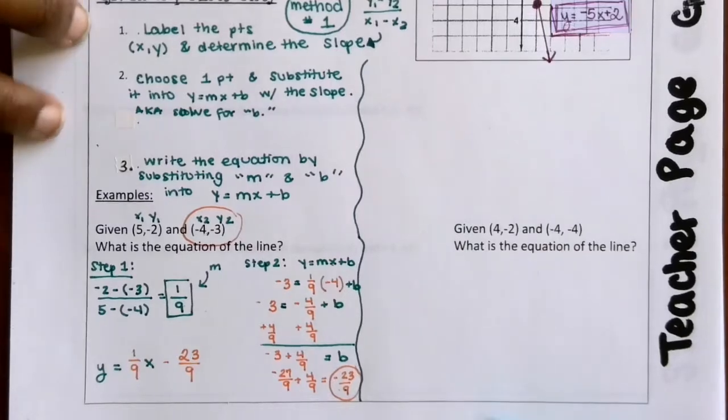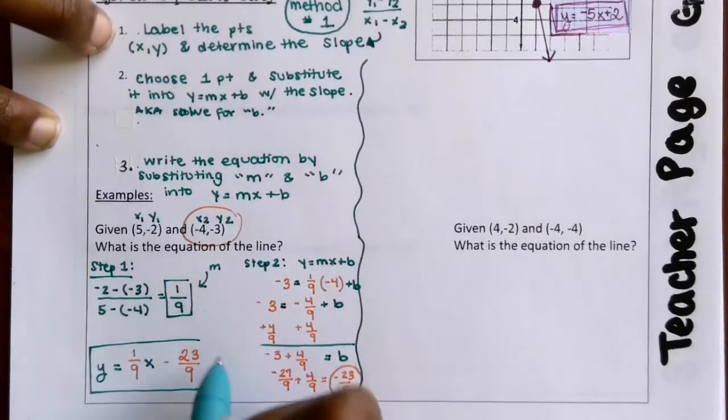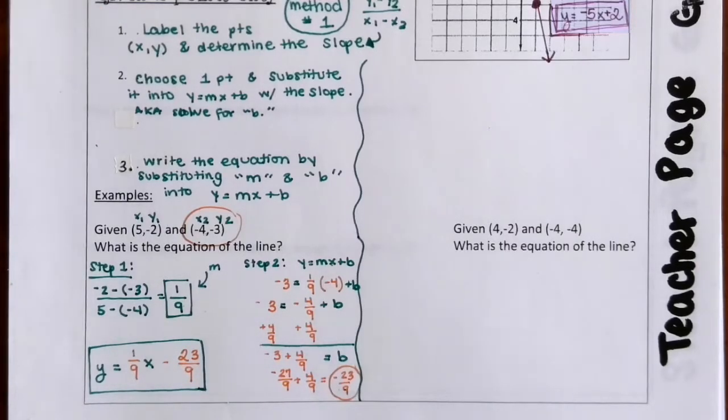And this is the final equation to our line. Notice that it is okay to have fractions in my equation. In this case, it doesn't really bother us too much because we're not graphing, but it is acceptable to have two fractions in the equation of your line.